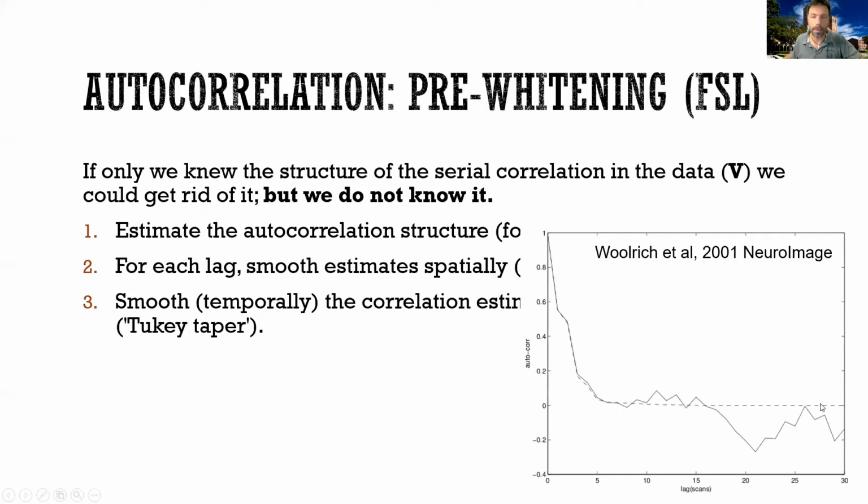See the dashed line. The real correlation is the continuous line, but see how it becomes unstable? And it makes sense that it becomes unstable because we have fewer and fewer time points to estimate it. So the Tukey taper says, look, keep the autocorrelation estimate up to a certain number m.